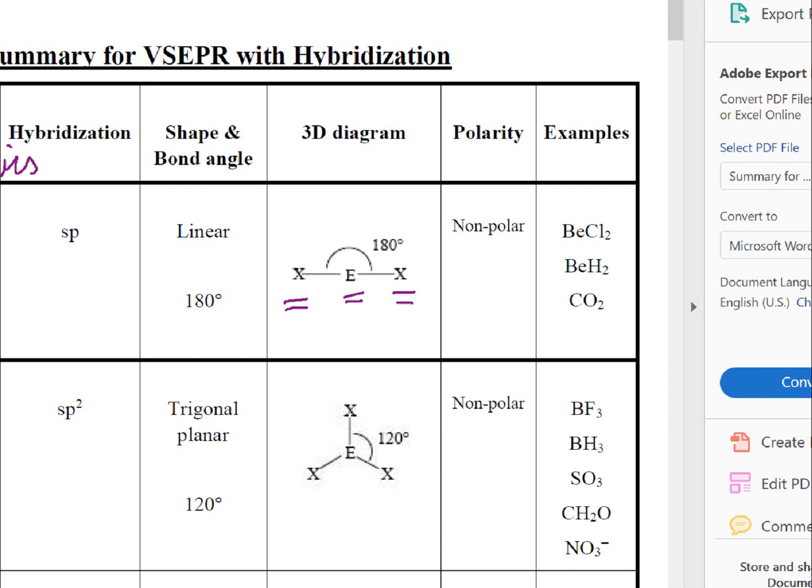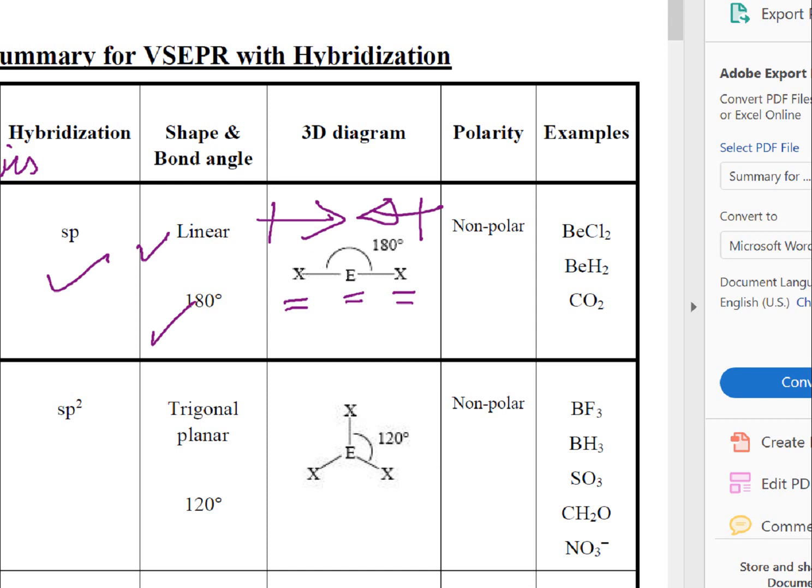If the central atom is surrounded with 2 atoms, so the effective pairs are 2. In this case, the molecule should be linear, the angle is 180, and hybridization is of the type sp. And of course, it will be nonpolar. Why is it nonpolar? Because the dipoles are going to cancel out.